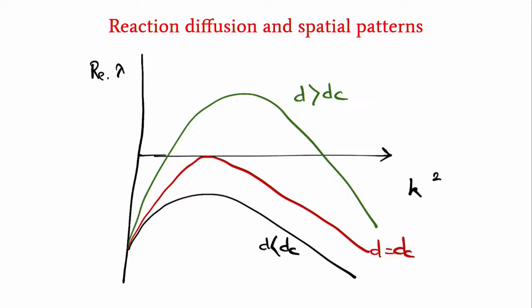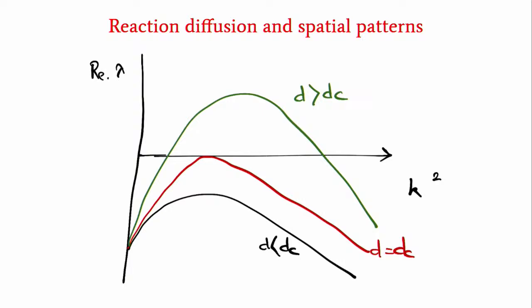This lambda, remember, is a function of my wave vector, so it's a lambda of k square. So what is the wavelength of the perturbation that I'm choosing to destabilize my system with? Given a choice of these diffusion coefficients or ratios of diffusion coefficients, not all wave vectors are going to lead to instabilities. Some wavelengths might propagate, some wavelengths might just die down.